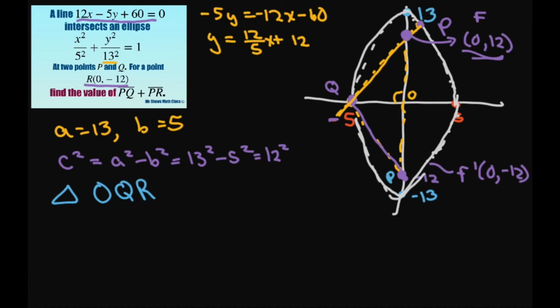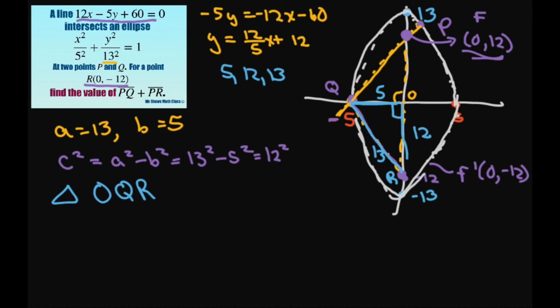So this point here is R. So just looking at this one, that means this length is 12, this length is 5, and this will be 13. It's really negative 12, but if we just look at the triangle here, that's going to be our right triangle. All right, so therefore, using my Pythagorean triples, 5, 12, and 13.